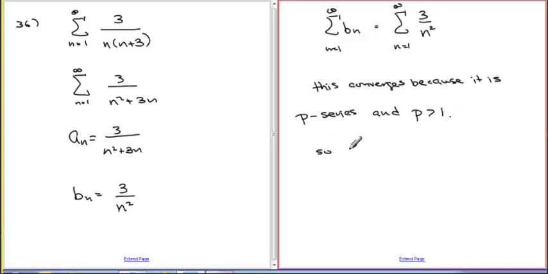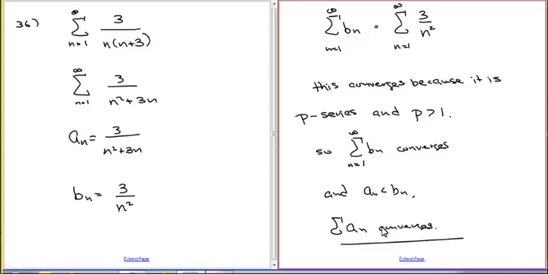So since our B series converges and A sub n is always less than B sub n, the A sub n series converges. Now, I think you could also do the ratio test if you wanted to, and you'd come to the same conclusion.